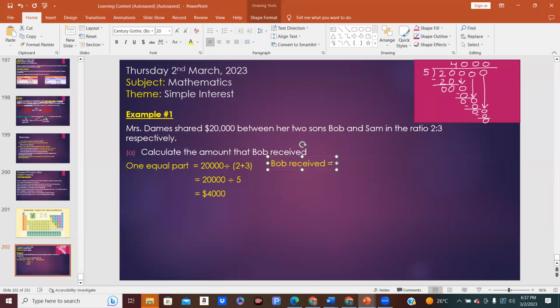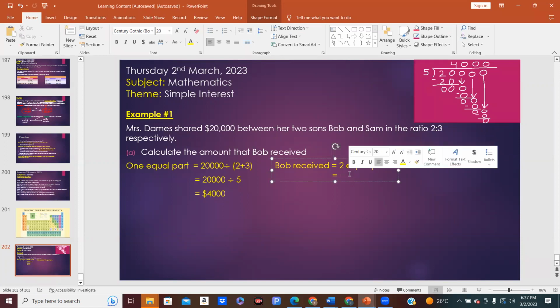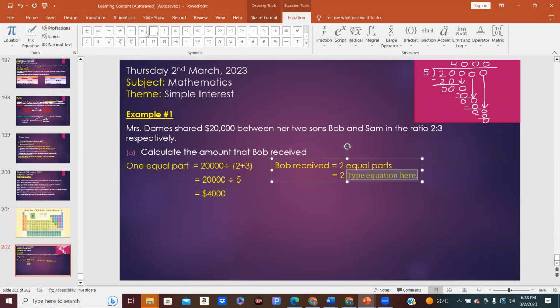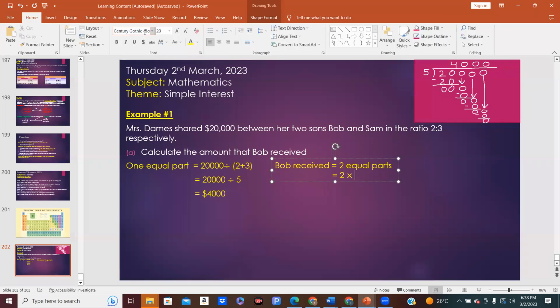Bob received 2 equal parts, right? Okay, so since he received 2 equal parts, it's gonna be 2 times what? 2 multiplied by 4,000.